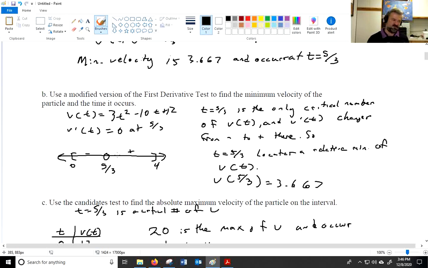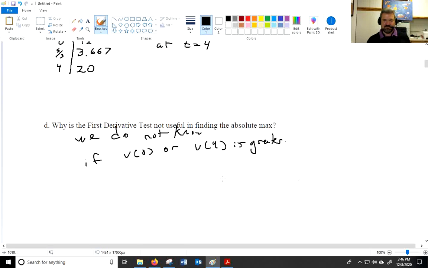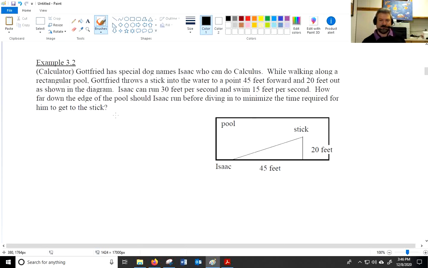Sometimes graphs can go down steeply, sometimes they go down more gradually. So it's not useful because we don't have that information. So I'm just going to say we do not know if v of 0 or v of 4 is greater. We don't know. We know they're both greater than 5/3, but we don't know which one is bigger than the other.